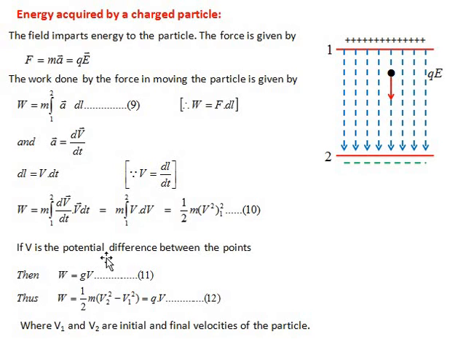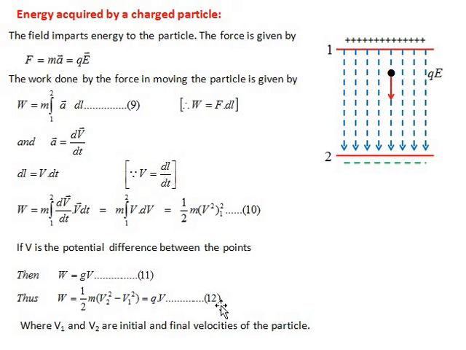If V is the potential difference between points 1 and 2, then we know work done is equal to q into V. Call this equation number 11. So W is equal to 1 by 2 m into v2 square minus v1 square, which is equal to qV.